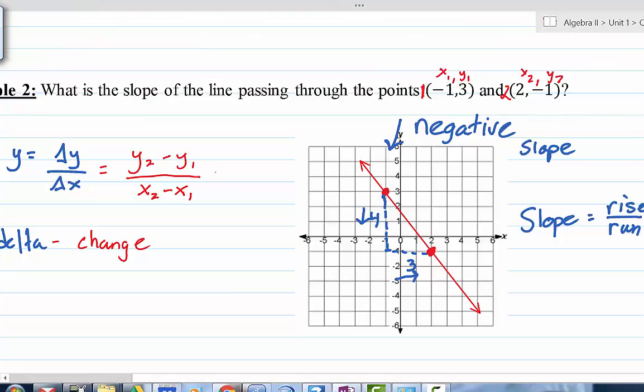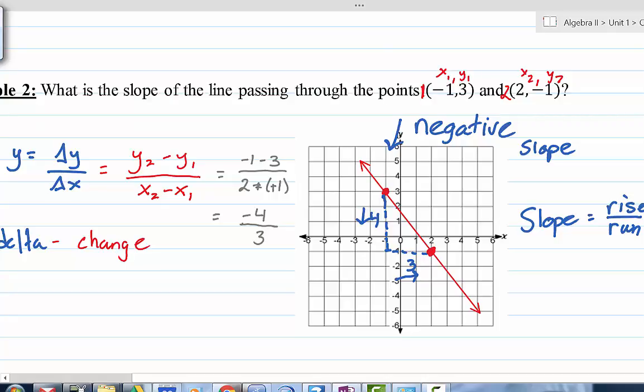For y2 we had -1, y1 we had 3, so -1 minus 3, over x2, which is 2, minus x1, which is -1. -1 minus 3 is -4, and then 2 minus -1 is the same thing as what do you guys say, keep switch change or something like that?